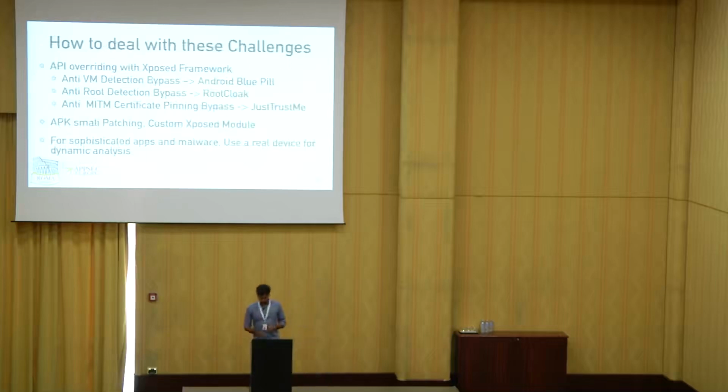Before that, we try to override most of the minimal checks by integrating existing tools. Anti-VM and root detection is bypassed using Android Blue Pill, which is an Xposed module. If you don't know about Xposed, it's a runtime instrumentation framework that allows you to override Java methods with the methods that you define. With that, you can bypass most of the things.